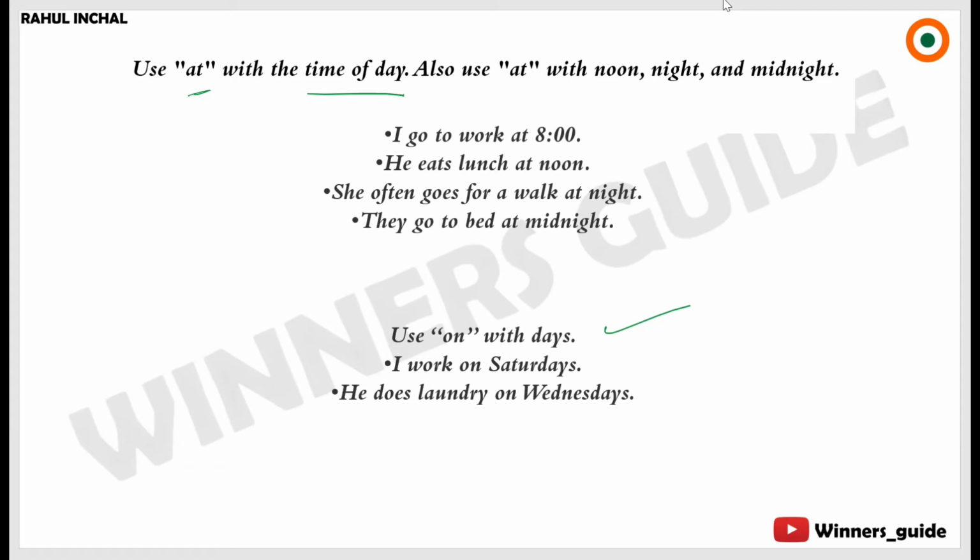I work on Saturdays. He does laundry on Wednesdays. Now you're sure about the words in, at, and on. Read a few more examples of in, at, on, and you shall be clear about it. But I guess this should be enough to at least remove your confusion as to when to use the words in, at, on in sentences.